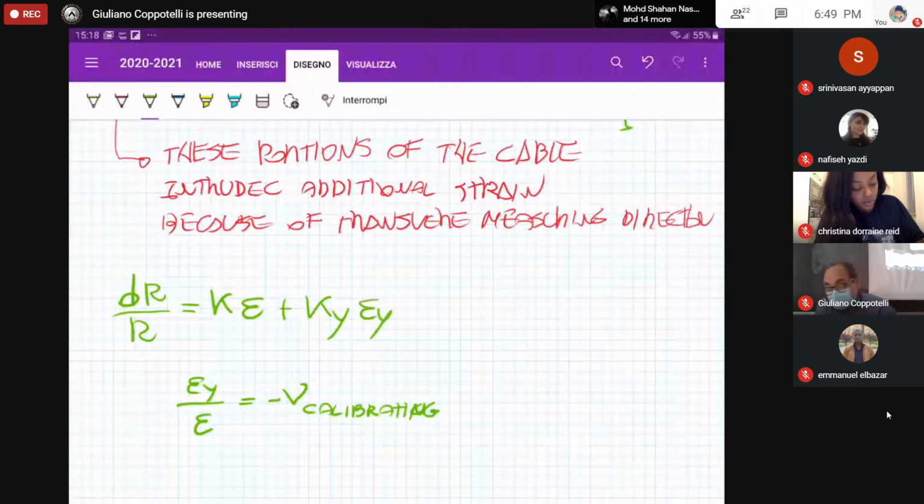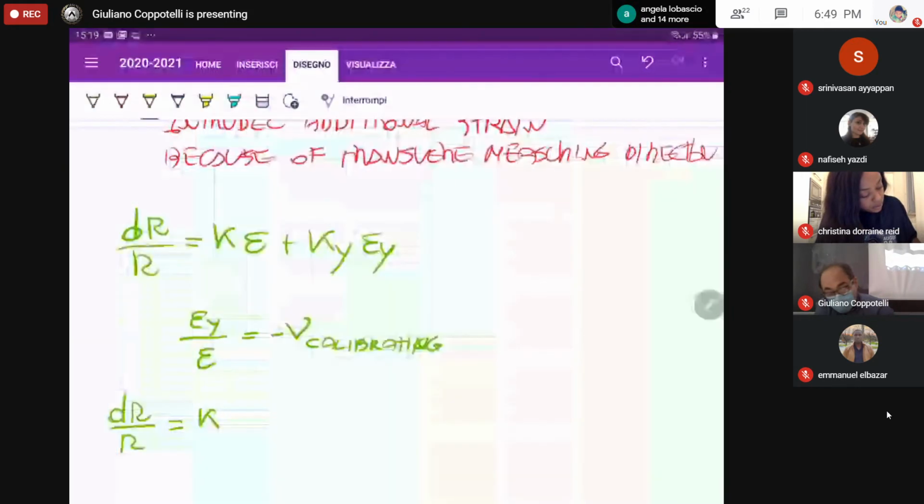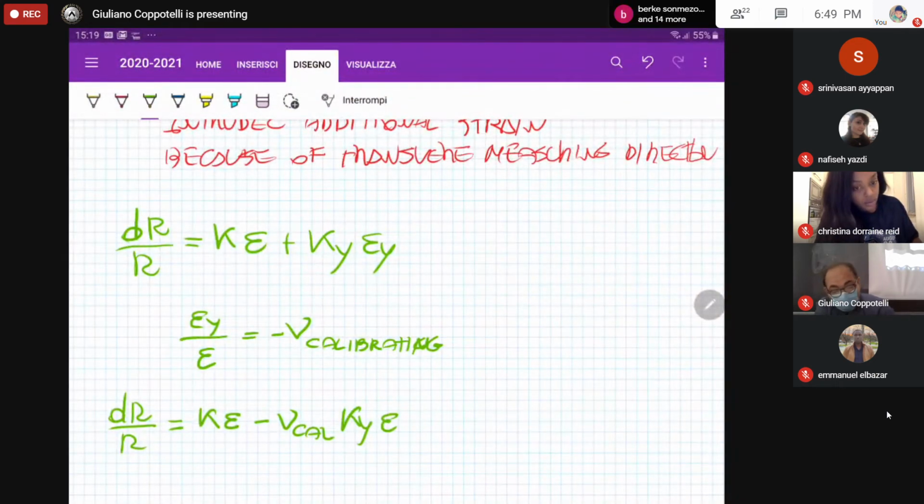So the overall change of the resistance because of that could be rewritten as K epsilon minus nu calibration, let me shorten the name, Ky epsilon once again, or in other words, K times one minus nu calibration Ky over K, times strain epsilon.